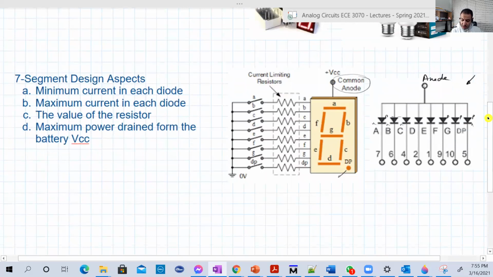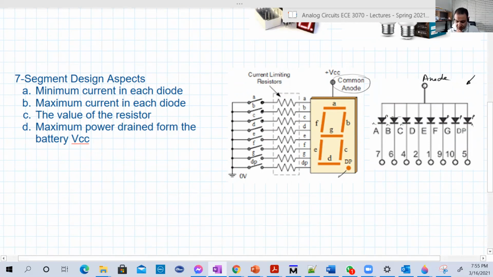To control which LED will light and which will not, you just control these inputs here, which are A, B, C, D, E, until you reach the decimal point.